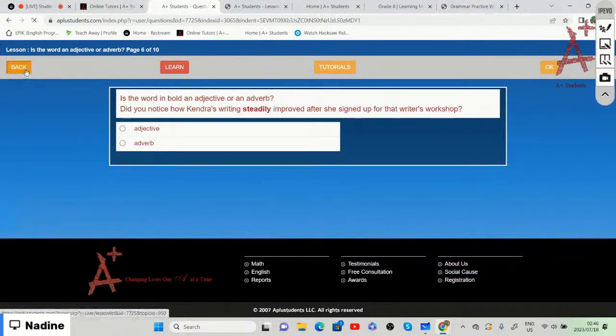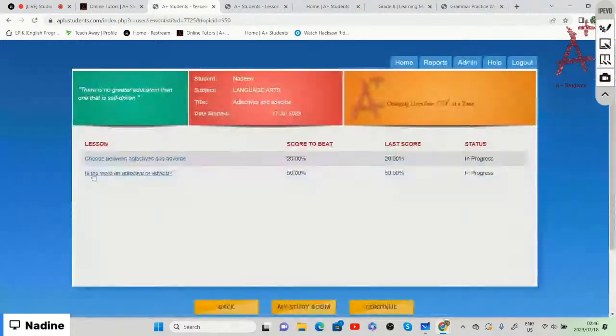All right, so that is our lesson on choosing between adjectives and adverbs. And we also identified if the word is an adjective or an adverb, right? So before we end our lesson, we said an adjective is a word that describes or modifies a noun or pronoun.